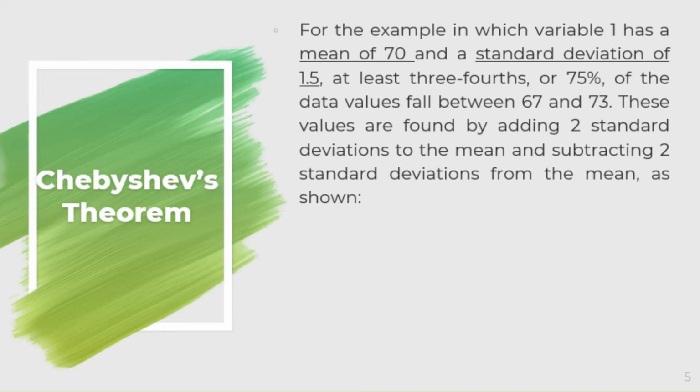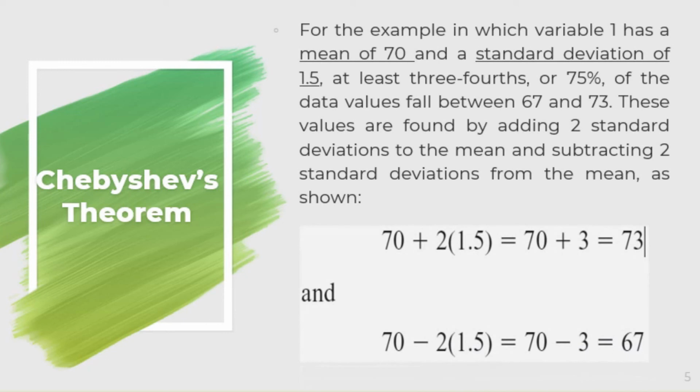These values are found by adding 2 standard deviations to the mean and subtracting 2 standard deviations from the mean, as shown. 70 plus 2 multiplied by 1.5 is equal to 70 plus 3, which is equal to 73. And 70 minus 2 multiplied by 1.5 is equal to 70 minus 3, which is equal to 67.